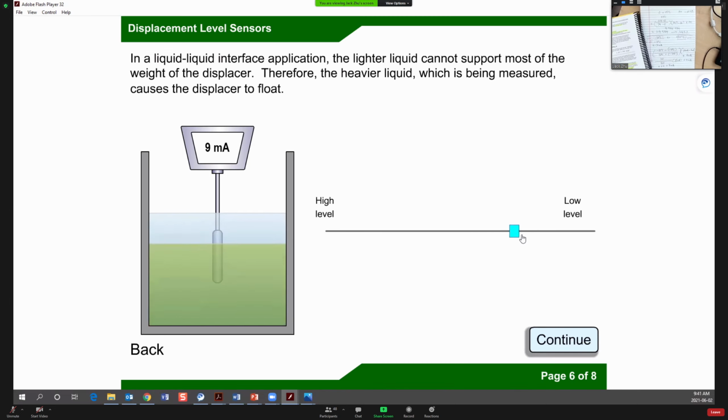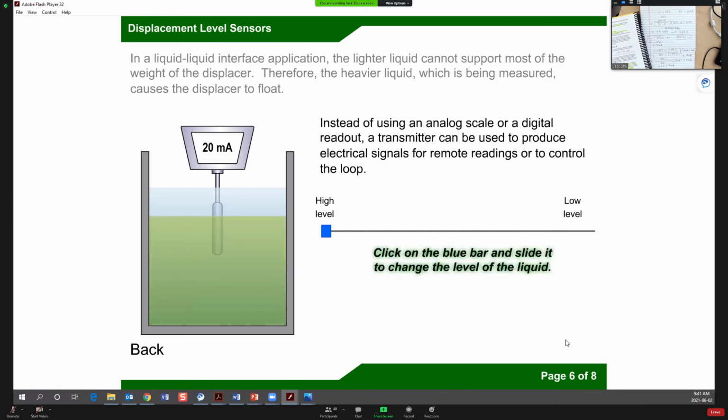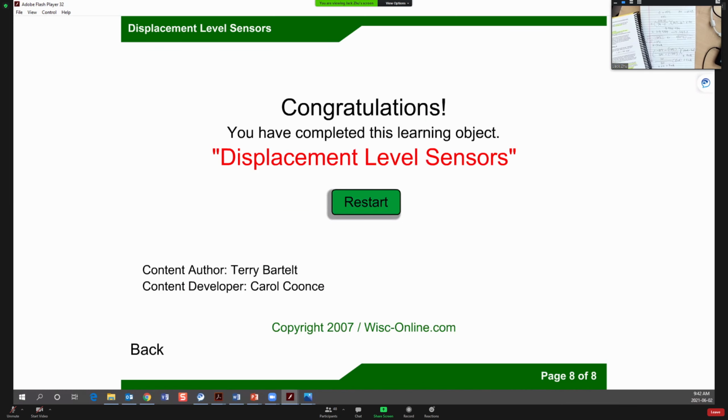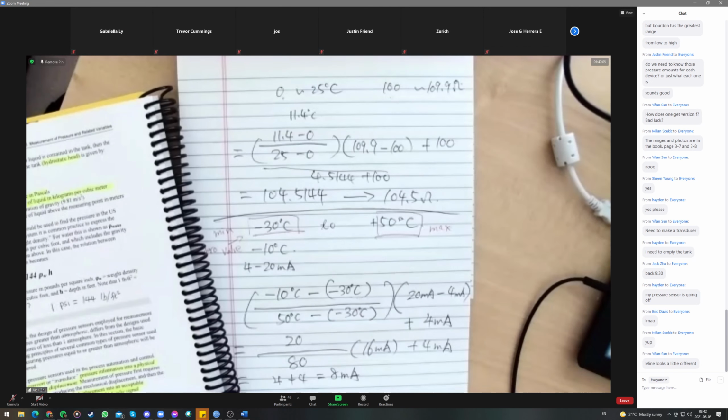And we have a signal conditioning unit down there. We can convert the output into a standardized electrical signal. Okay, so we finished this one.